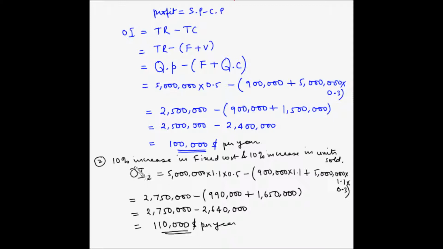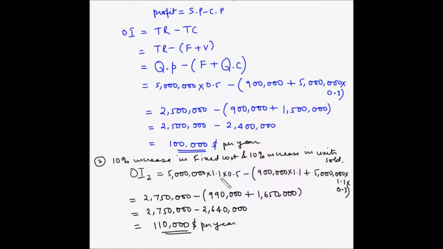So now if there is an increase in fixed cost by 10% and in units sold by 10%, then our operating income increases by $10,000, and actually this is also a 10% increase. So $100,000 was the original operating income, and 10% increase of this is 10,000. So our new operating income is $110,000.